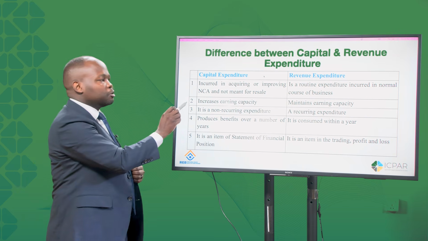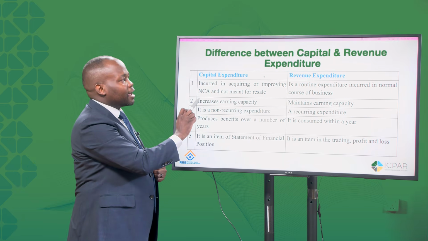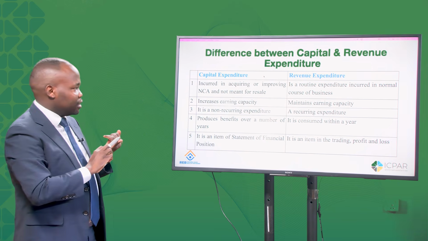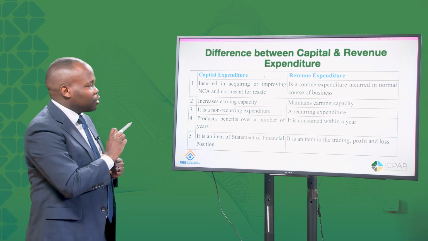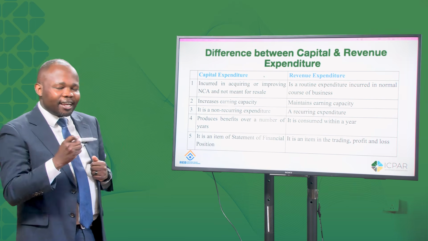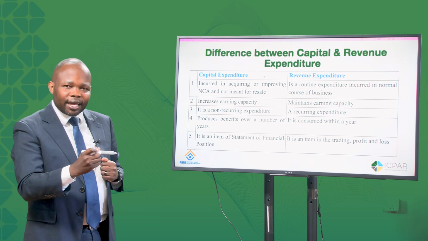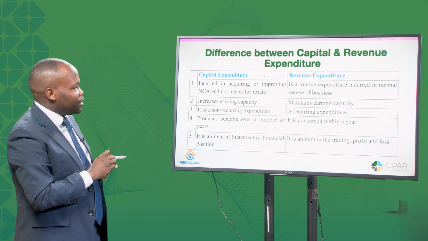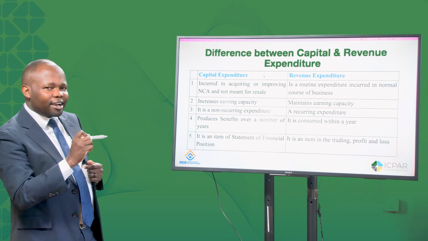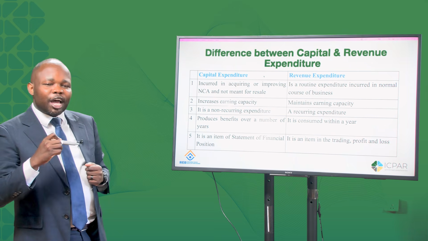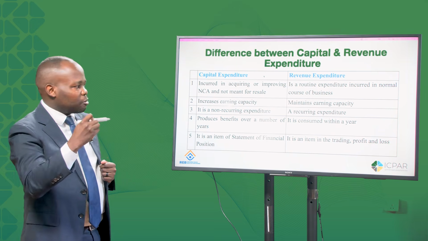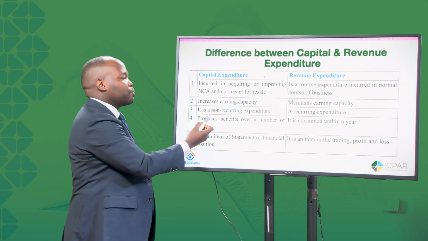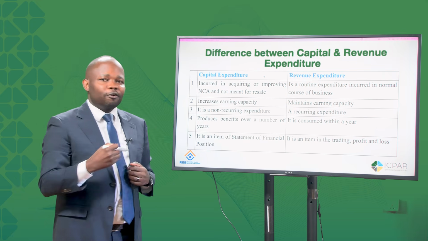The second difference between capital and revenue expenditure, capital expenditure increases the earning capacity. The third difference, in capital expenditure, it is a non-recurring expenditure. It is expenditure incurred only once, while a revenue expenditure is a recurring expenditure, expenditure incurred routinely or regularly. The fourth difference, capital expenditure produces benefits over a number of years.